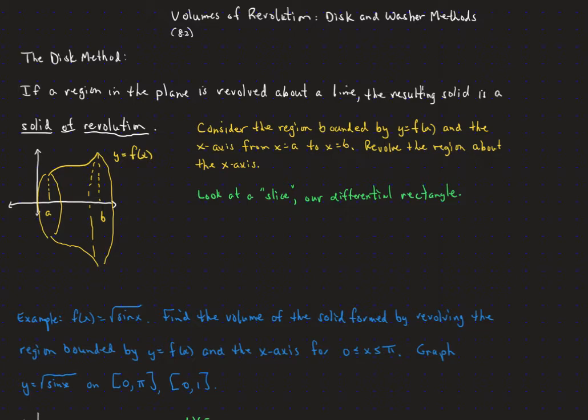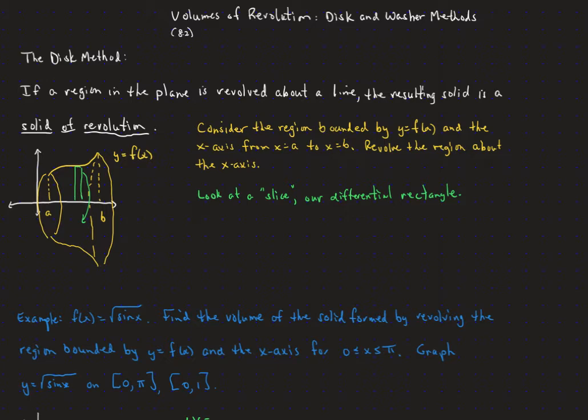So to do that, we're going to look at our differential slice. So we'll look at our rectangle. Look in 2D for a moment here. We're going to take that rectangle and spin it around the x-axis. When we do that, what we're going to see is this really thin cylinder.